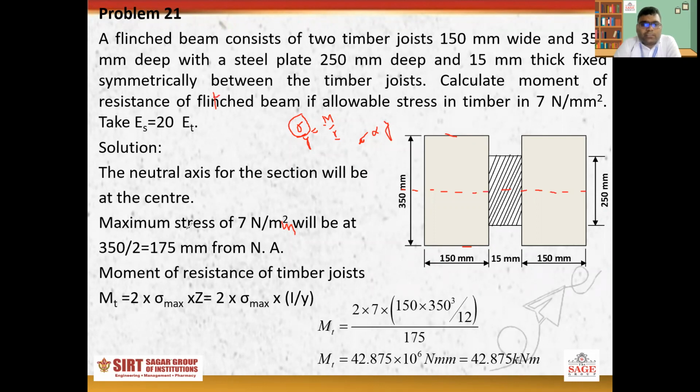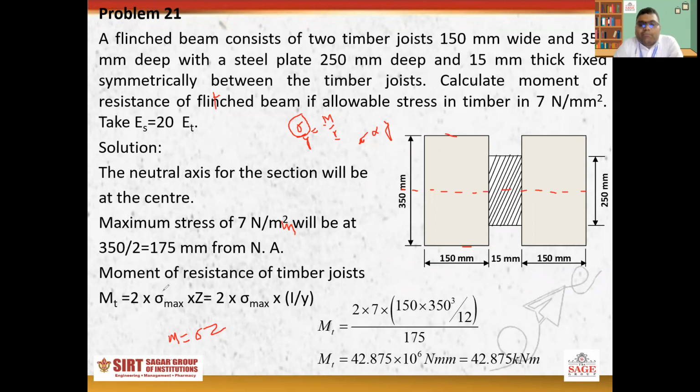For the flitch beam, the moment of resistance, how do we know it? M is equal to the moment of resistance, and the moment and the bending moment are both the same thing. So M is equal to sigma Z. We had a discussion on that in the first lecture.